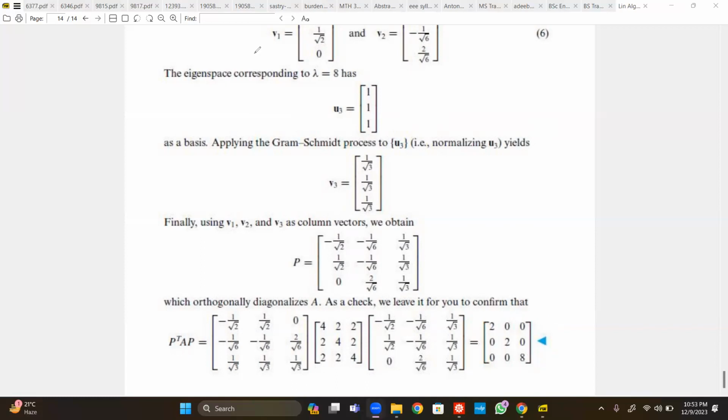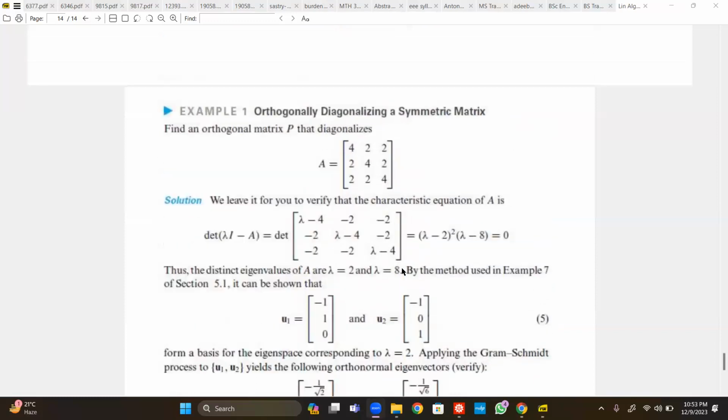Now, there is an interesting idea. Can you see that the matrix they used here is a symmetric matrix? The matrix is symmetric. Its transpose is exactly equal to itself. Now, is this a coincidence? The answer is no, this is not a coincidence.